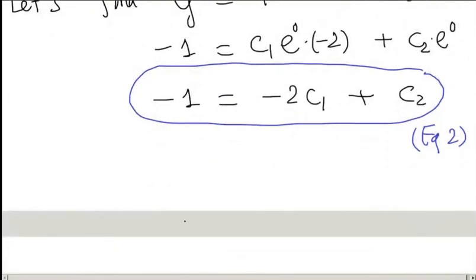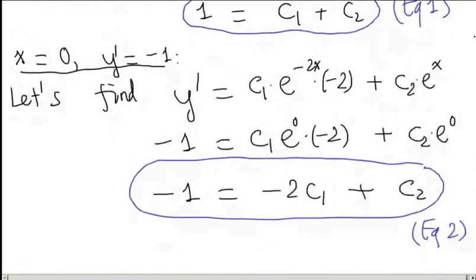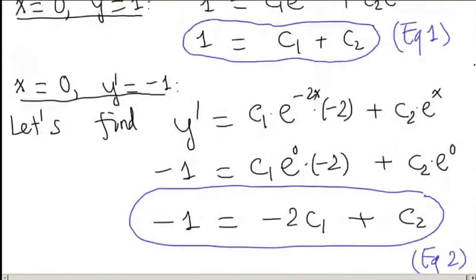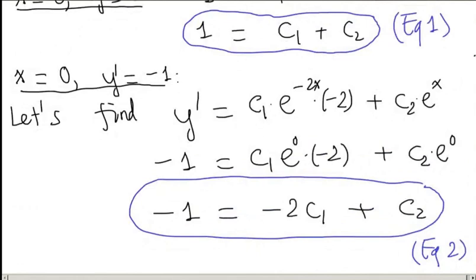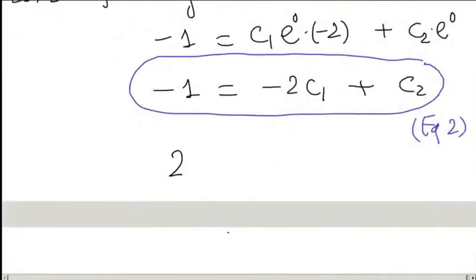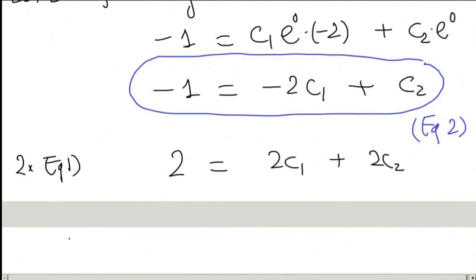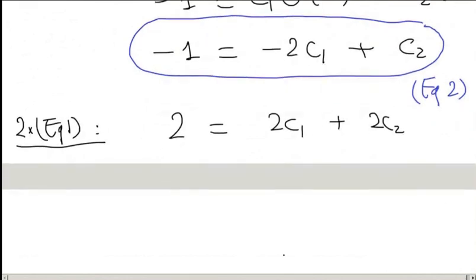Everything needs to be multiplied by 2, so we have 2 equal to 2C1 plus 2C2. This is 2 times equation 1. And now I add the two equations.